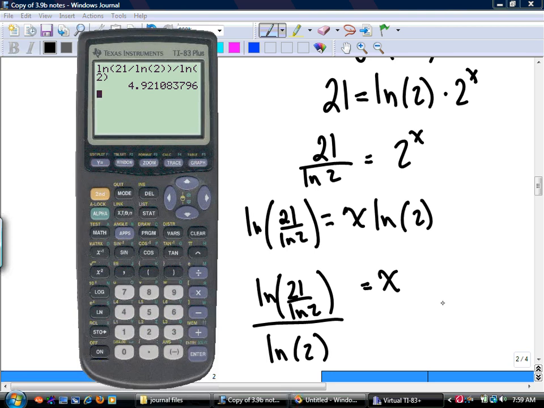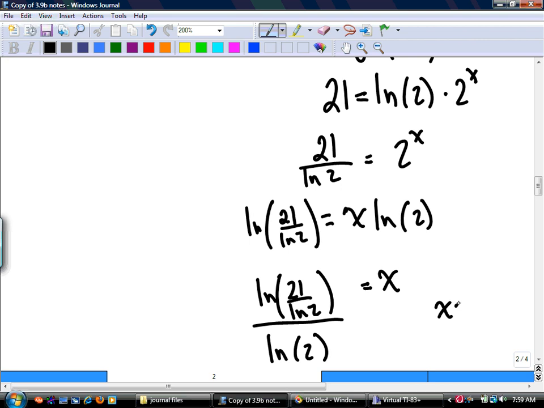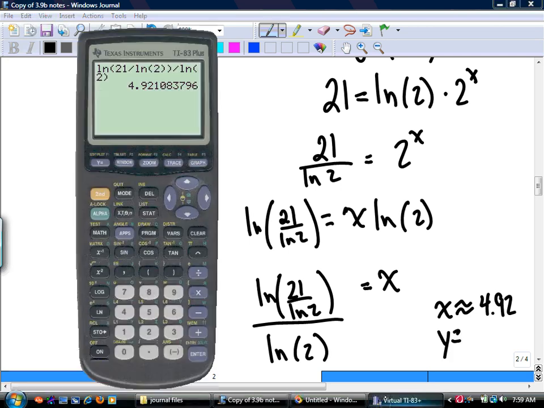So x equals 4.92. y equals, what's the equation of this bad boy? 2 to the x minus 3. 2 to the answer minus 3. 27.3.